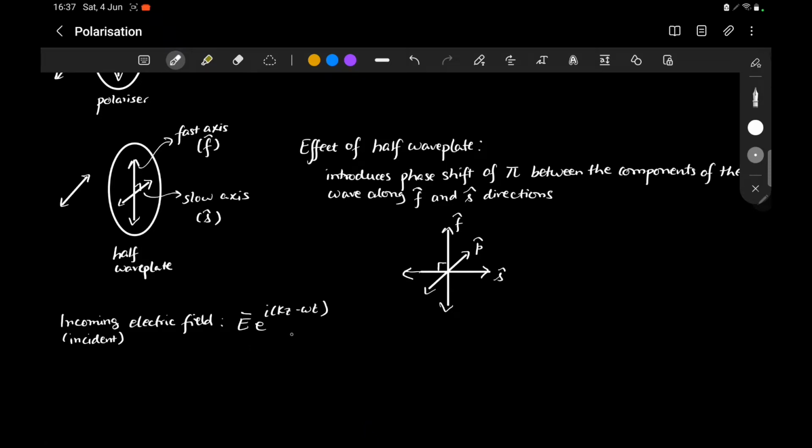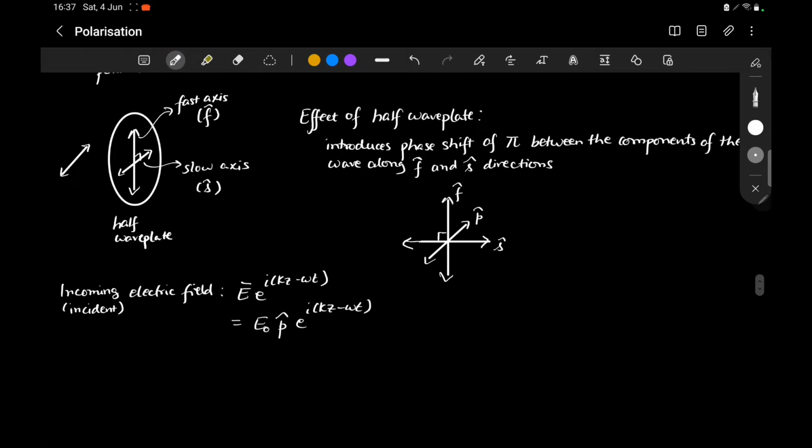And the polarization is along P cap direction. Now this incoming wave will have some component along the slow axis and some component along the fast axis.